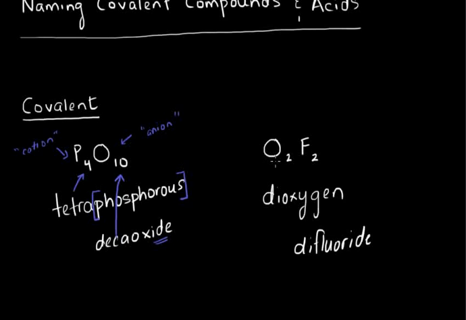So in this example, oxygen came first, so it retained its elemental name. In this example, it came second, so it became oxide. In O2F2, fluorine is the second element, and so it becomes fluoride. And again, we just use these prefixes here, these di's, to refer to the fact that there are two atoms of each element in this compound.